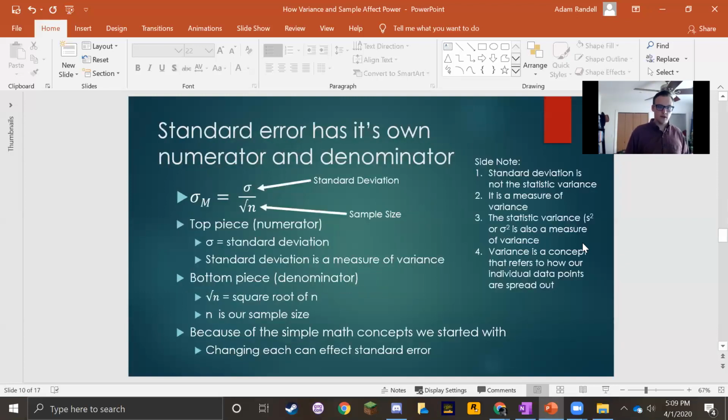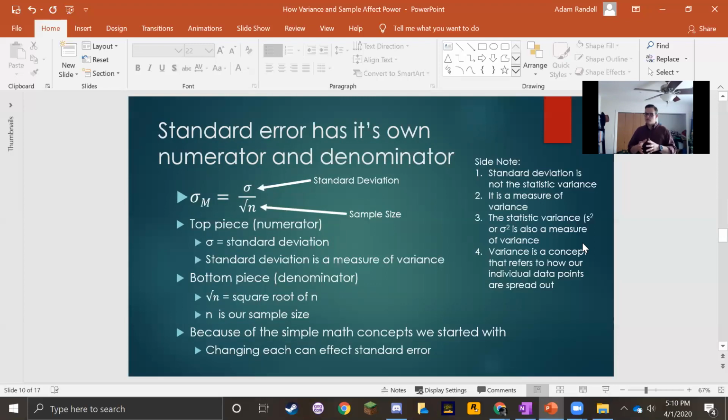So how can standard error do that? Let's zoom into standard error. So here is the formula for standard error. We've got standard deviation on top, square root of sample size on bottom. Side note, you notice the side note is off to the side. I'm a dork. I'm going to be saying things like standard deviation is variance. I want you to understand the distinction between the concept of variance and the statistic variance.